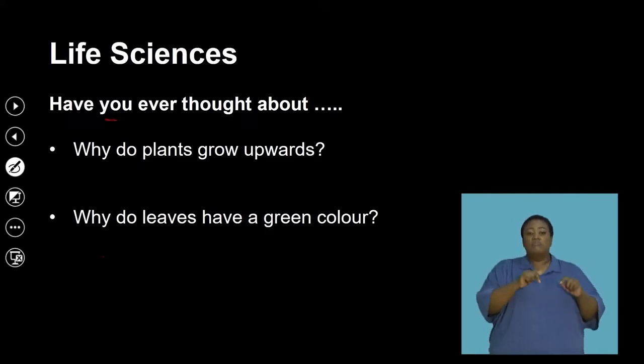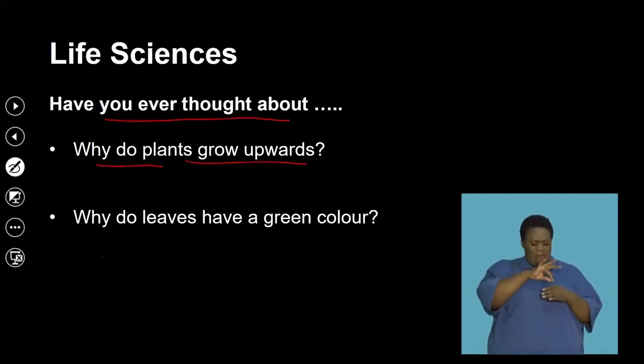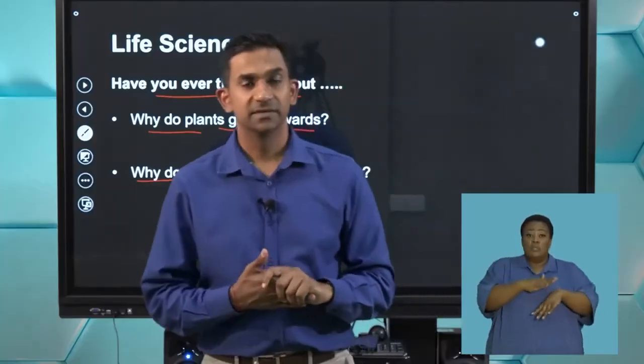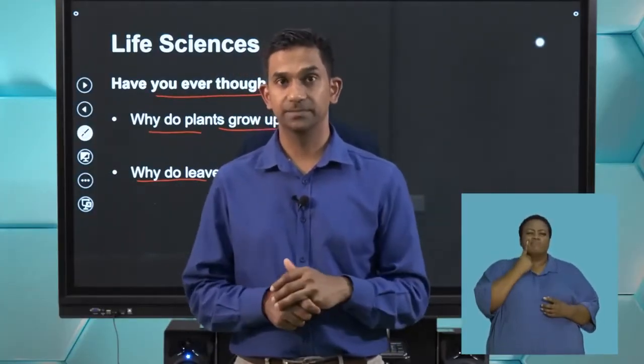Have you ever thought about the following? Why do plants grow upwards? Or, for that matter, why do leaves have a green color? Often this is a question we ask, and we've got to figure out what the explanation is.